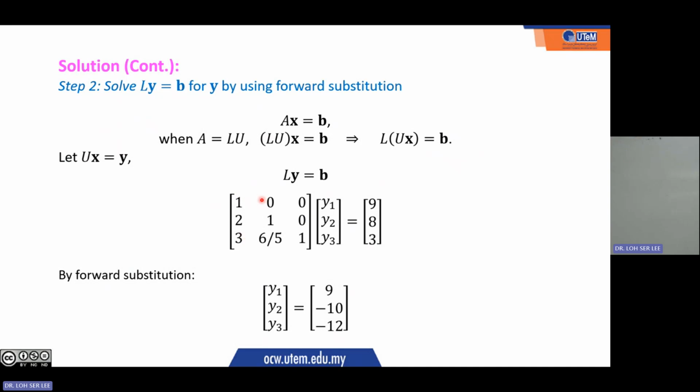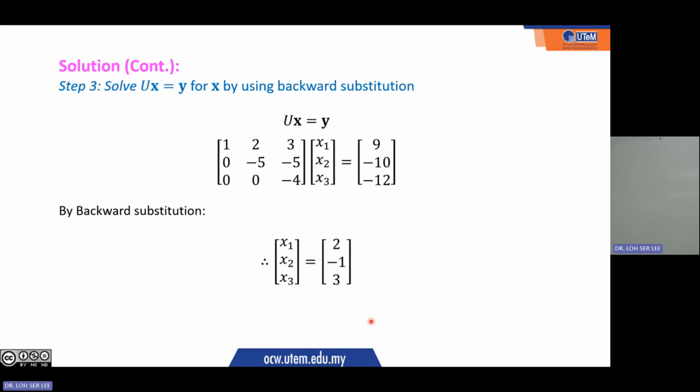This is y1, y2, y3. So y1 plus 0y2 plus 0y3 equals 9, so y1 is 9. Then the second row, 2y1 plus 1y2 equals 8. Solve for your y2, and so on. You will get this y1, y2, y3.